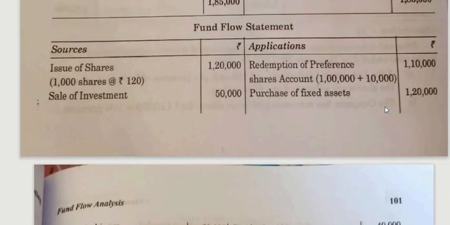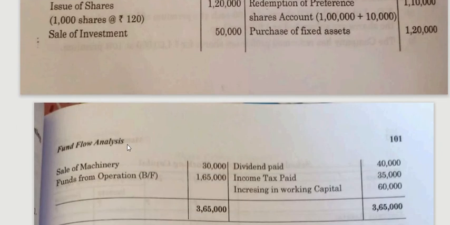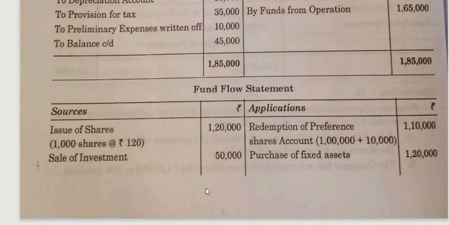So in your fund flow statement, issue of shares, 1,000 shares into 120, is 1,20,000. Sale of investment is 50,000. Sale of machinery is 30,000. Funds from operation, which we got from the adjusted profit and loss account, is 1,65,000.